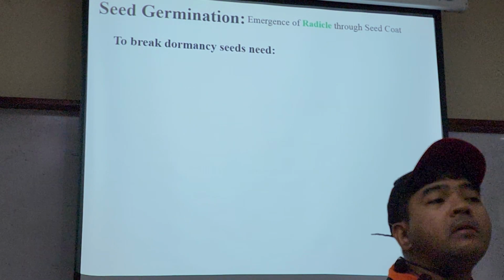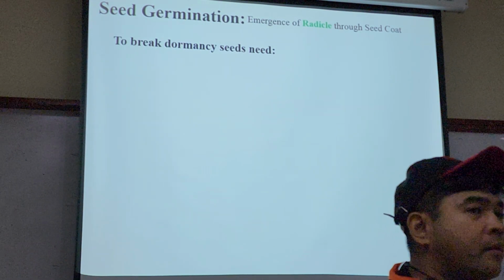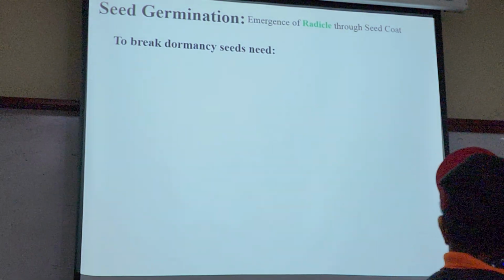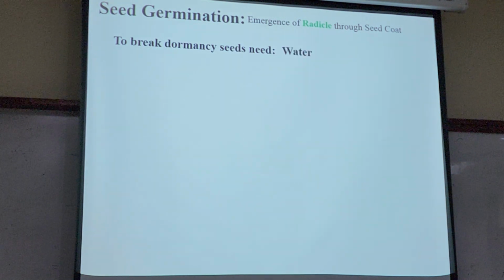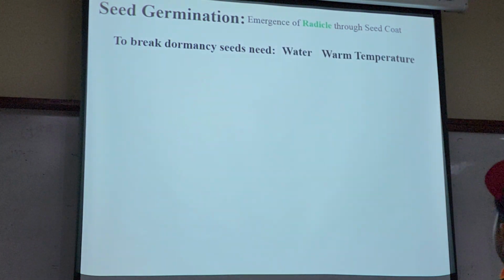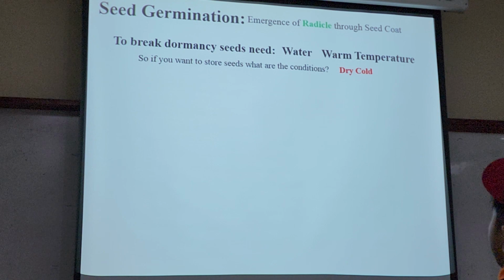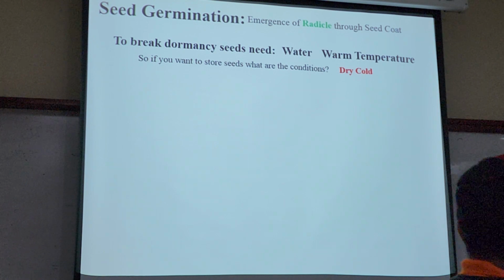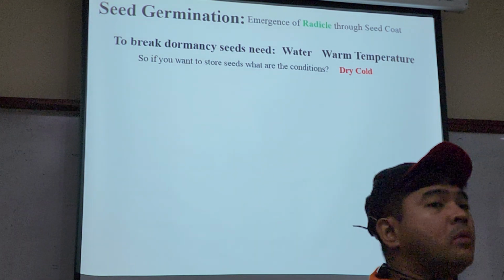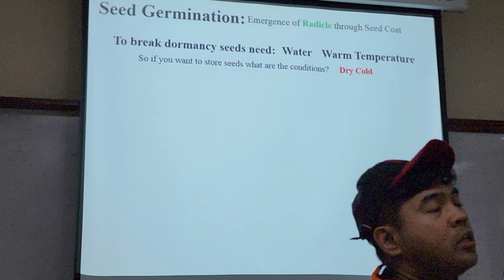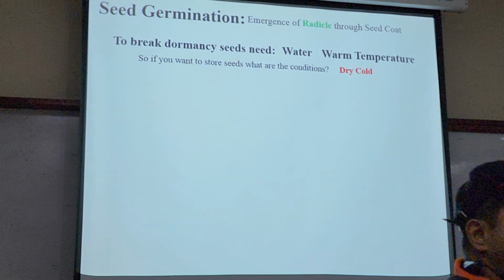Remember, radicle is the baby of which organ? Root. Right. Okay. So to break the dormancy, the seed needs water, warm temperature, and if you do not want your seeds to grow just yet, you need to keep it dry and cold.